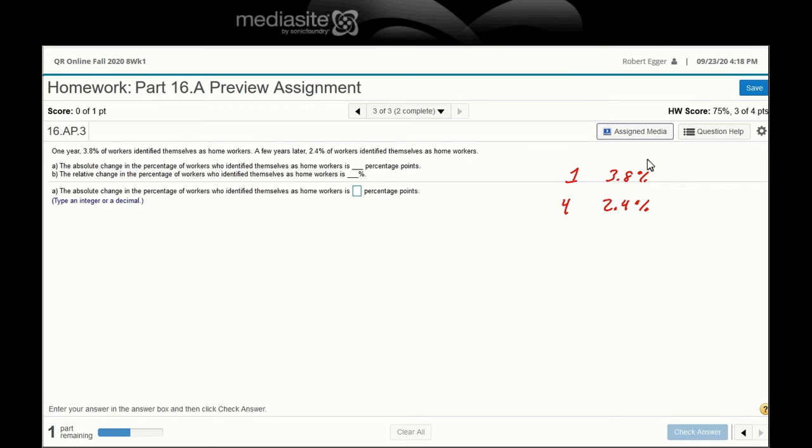So the absolute change is going to be where we ended up minus where we were. 3.8 minus 2.4 is 1.4, minus 1.4%.